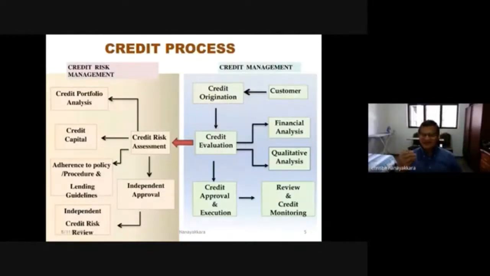Identifying his past track record is a qualitative analysis. So we run the CRIB report. The CRIB report will show if he has borrowed money, and if it says okay, that means he has borrowed money and has paid all those installments, which is an indication of his track record. So that is a qualitative analysis.